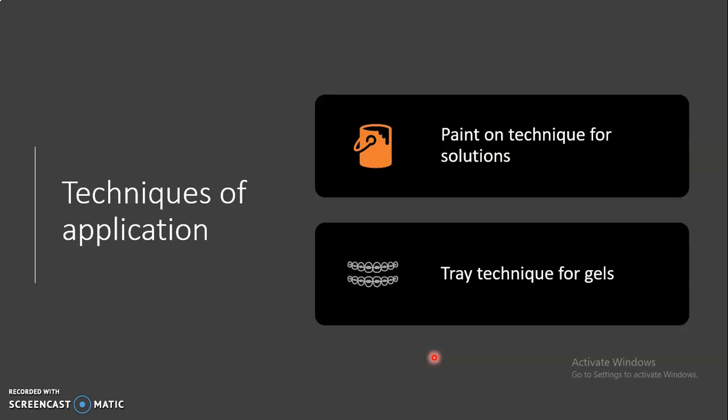Whereas with the tray technique, you are simultaneously treating all the teeth together. You have disposable foam trays on which the gel is loaded, and the patient is asked to bite on the gel placed in the tray. We'll discuss that in detail as we discuss the individual chemicals. So in general, these are the two techniques of application depending on what type of material is being used.